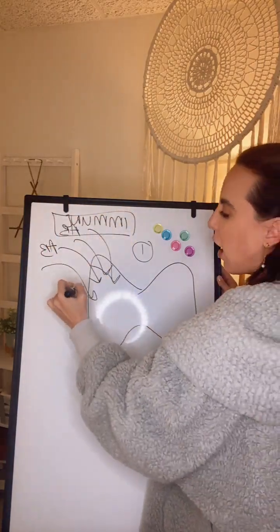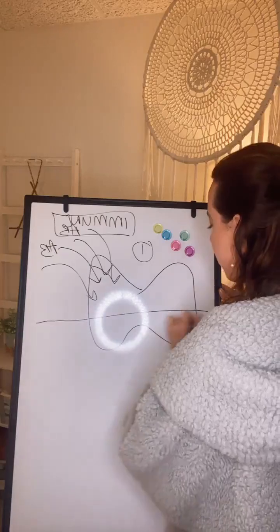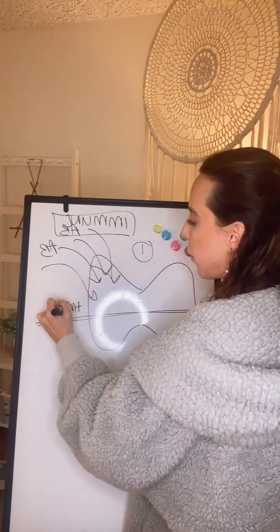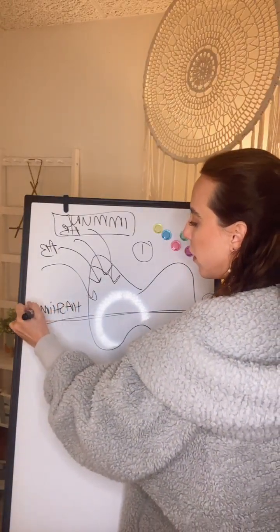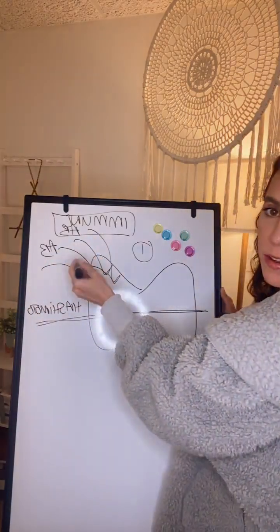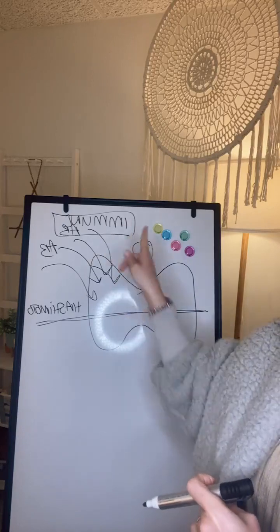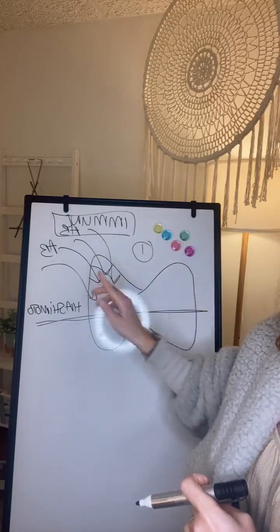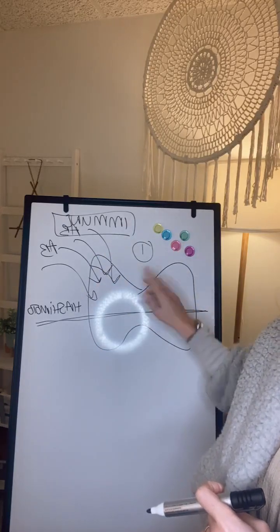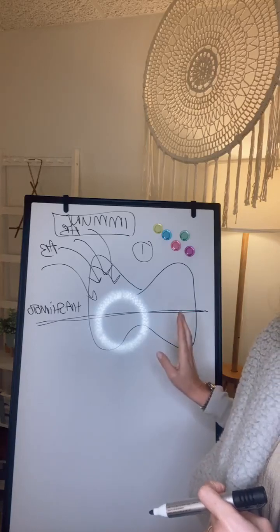This is the Hashimoto part, meaning that there's attack at the gland. Immune attack. That's the top part. The line is the Hashimoto part. The bottom part is the hormone part.